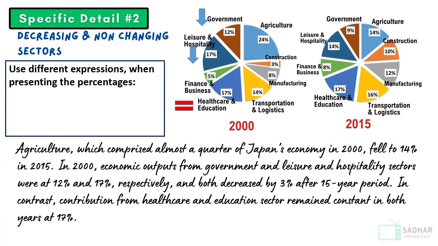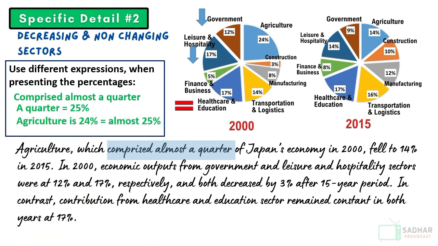Okay, use different expressions when presenting the percentages. Here we have comprised almost a quarter. We know a quarter is 25%, and the data for agriculture is 24%, so we can write almost 25% or almost a quarter.